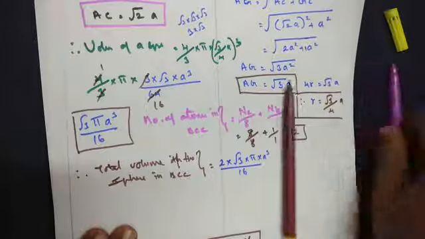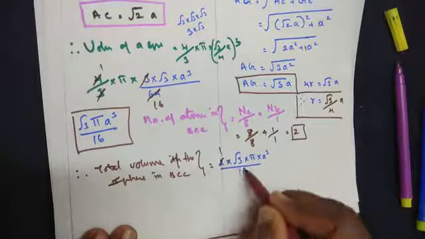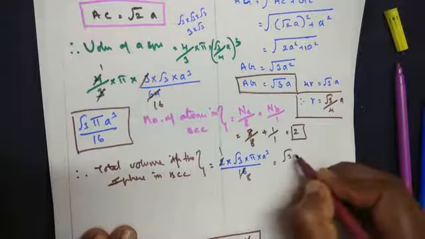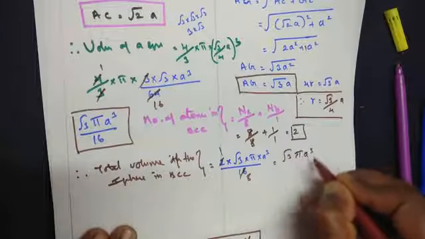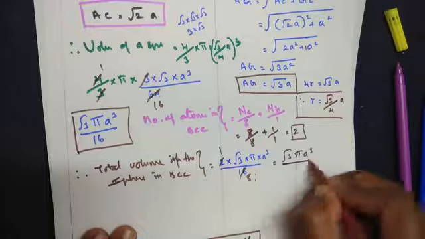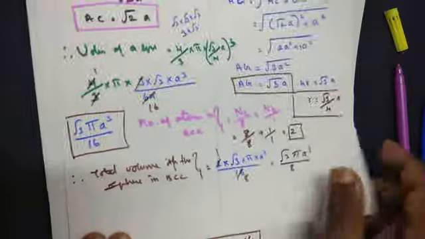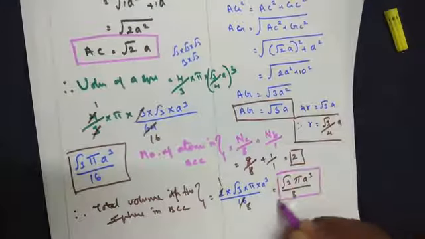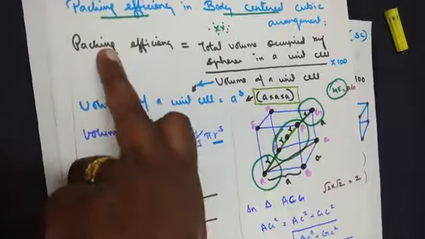So further when we simplify, what's the answer we will get? 1s are 8s are. So we will get square root 3 into pi A cube by 8. Now we are coming back to, so this is another answer. That's the total volume of the spheres occupied in a unit cell. Finally, what have we to calculate? Packing efficiency we have to calculate.